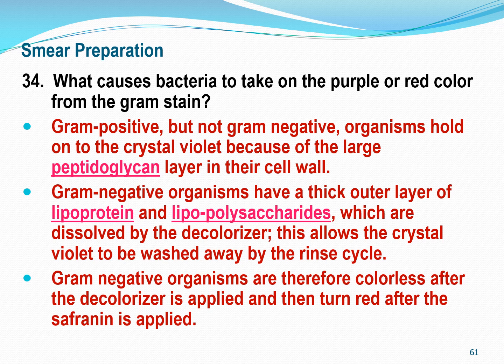So gram-negative organisms are therefore colorless, like we talked about earlier, after the decolorizer is applied, and then they turn red after the safranin is applied. So this is why they're purple, right? With the first, they're purple, and then we don't get that decolorization until we put on that decolorizer, and this is why the gram-negative is decolorized and the gram-positive is not.